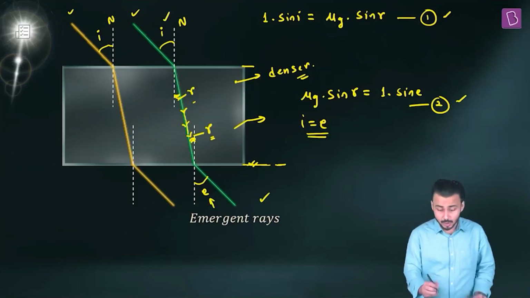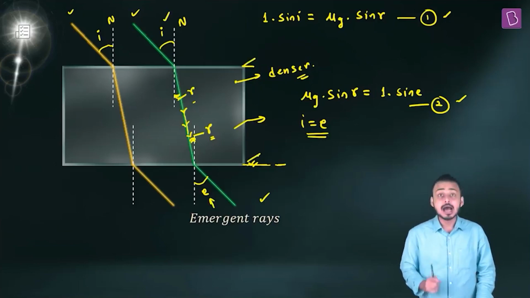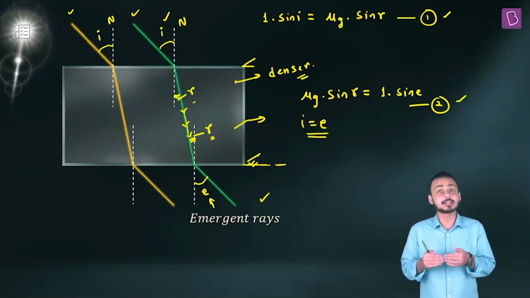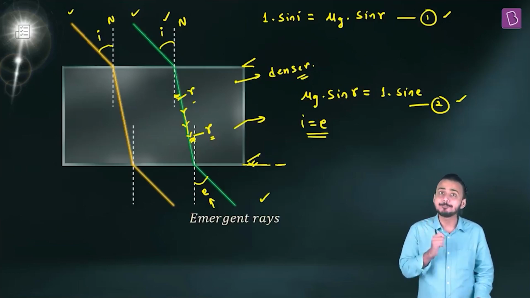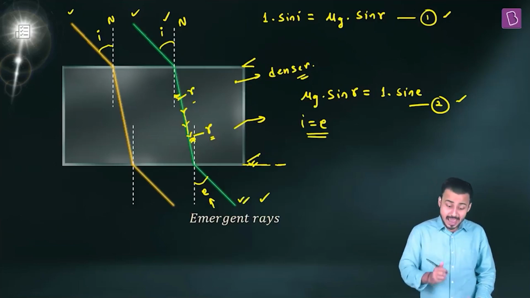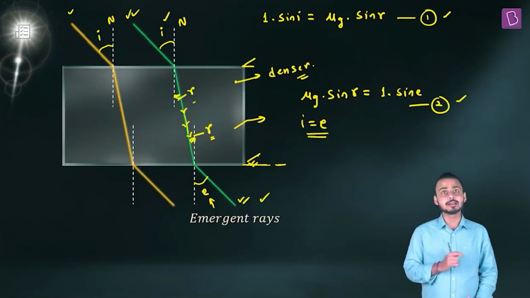This is happening because these two surfaces are parallel to each other. So whenever a ray is incident onto a slab whose two refracting surfaces are parallel, the final emergent ray will be parallel to the incident ray. Why so?